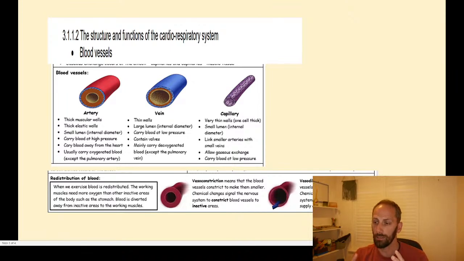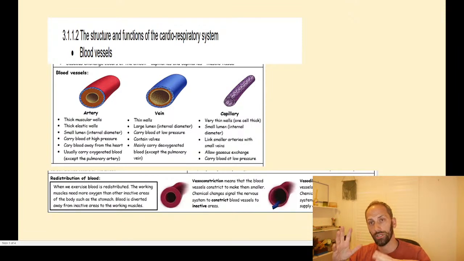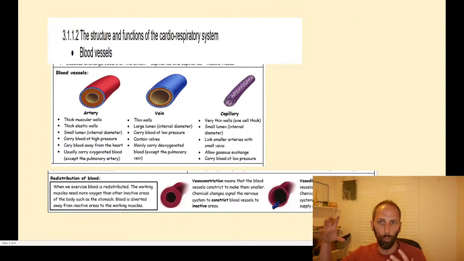Vasoconstriction, however, means that the blood vessels are actually going to constrict, so they get smaller, they get narrower, which restricts blood flow. So let's imagine that you are cold, for instance. We want to get blood towards the extremities to keep yourselves warm. When we're very, very hot, we want blood to go towards our skin so we can lose heat. When you're digesting food, we want the blood to go towards the digestive system so we can digest food.